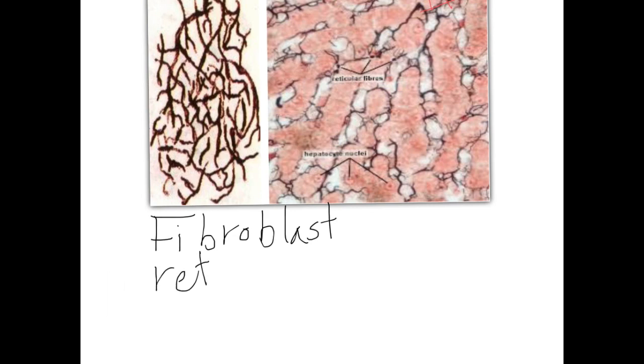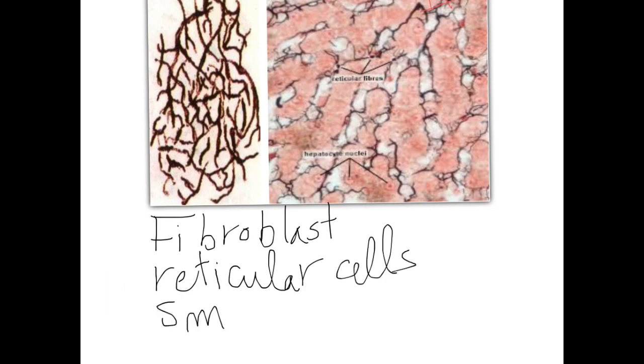So the origin is coming from the fibroblast in the loose connective tissue, as well as the reticular cells in the reticular connective tissue, and the smooth muscle cells when they are present in the wall of a blood vessel.